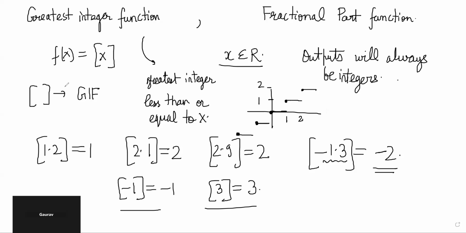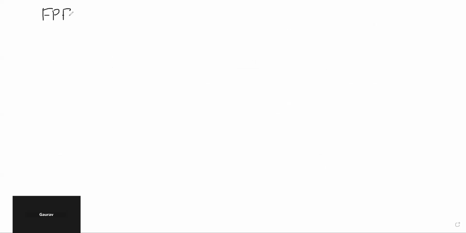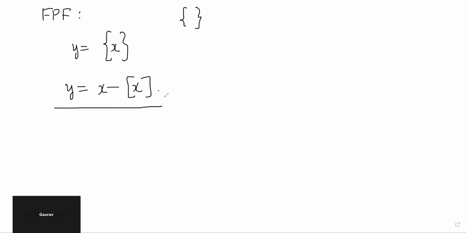Now, the fractional part function is related to GIF only. FPF, and you denote it by y is equal to the fractional part of x. It is denoted by these curly brackets. The definition is x minus GIF of x. So it is going to give you the fractional part, the gap between x and its GIF.